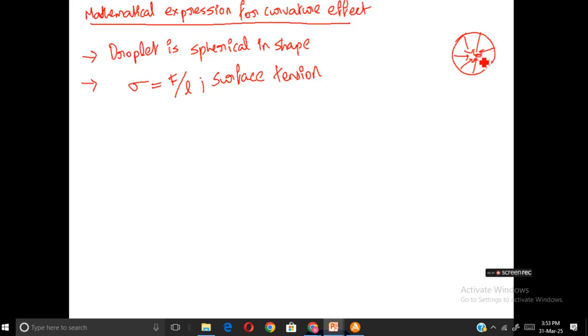So in case of a flat liquid surface, as I told earlier, if we are considering a flat surface like this, the force that is experienced by a molecule will be higher compared to that of a molecule on a curved surface.